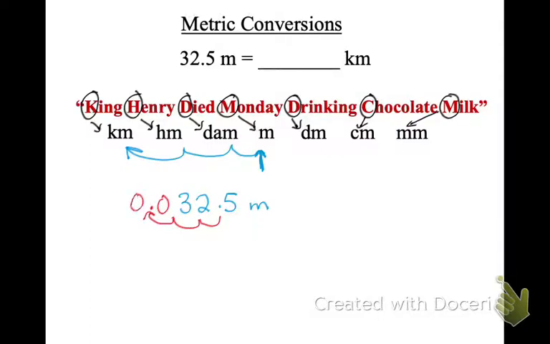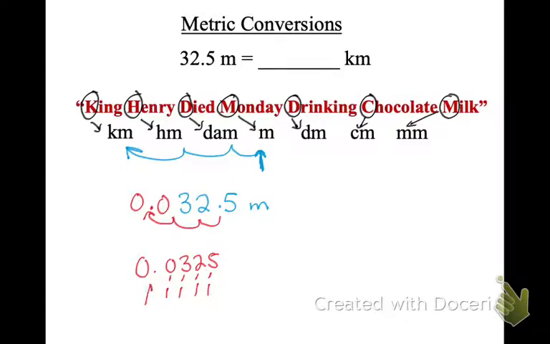And we always have a lead 0, so my new answer is going to be 0 and 325. It goes tenths, hundredths, thousandths, 10,000ths. So it's 325 10,000ths. We say the number, 325, and then the place.